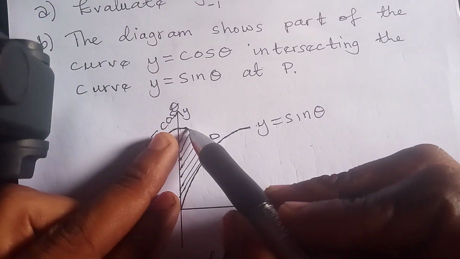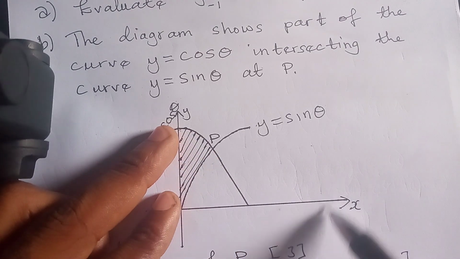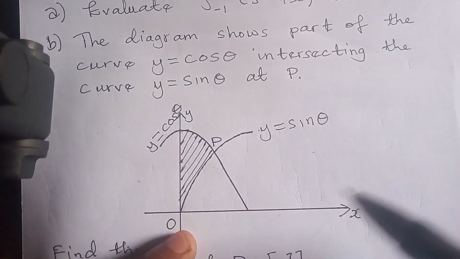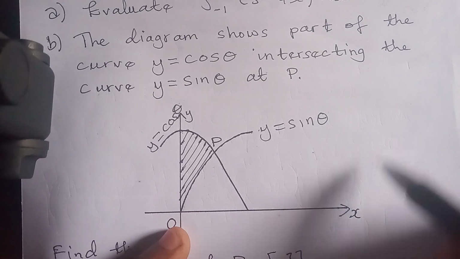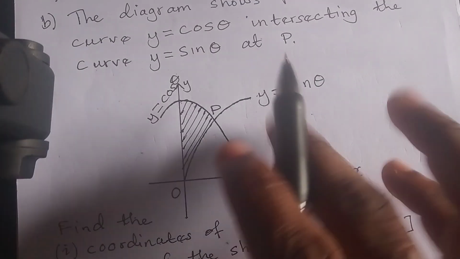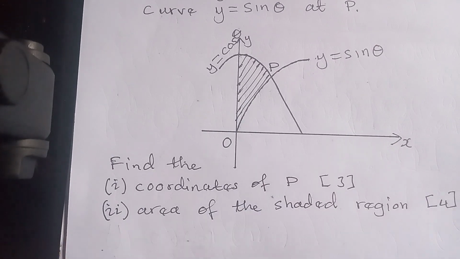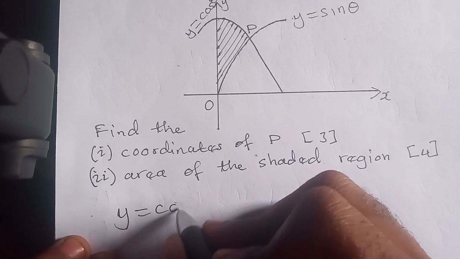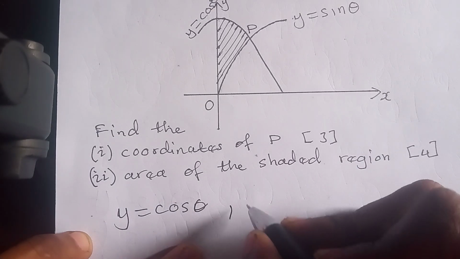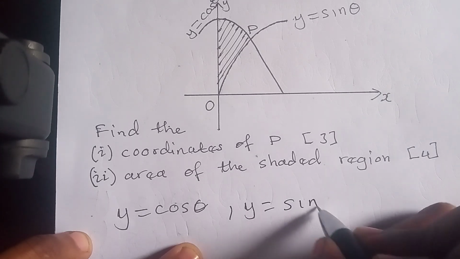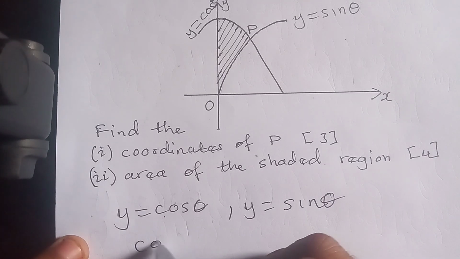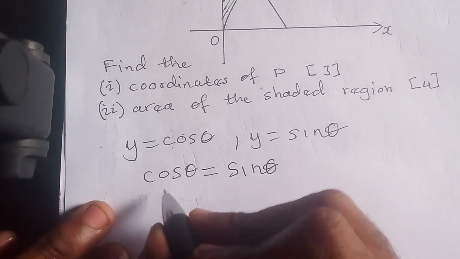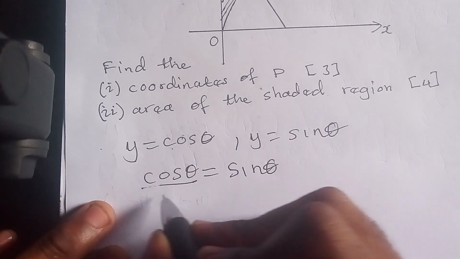So remember, the cosine wave starts from here and then it will form a wave like that, intersecting the curve y is equal to sine theta, this one here, which will go something like this at P. So find the coordinates of P. To find the coordinates of P, you simply solve these two equations simultaneously, as you may have guessed. So you can say cos theta is equal to sine theta. So you can divide both sides by cos.